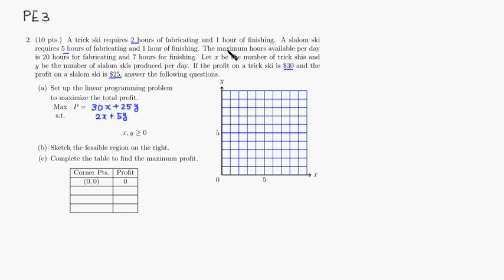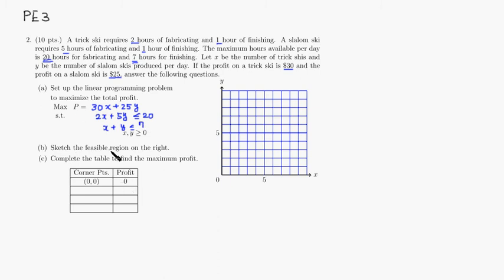This has to be less than or equal to the maximum of 20 hours for fabricating. For finishing, it's 1 hour for both of them, so x plus y has to be less than or equal to the maximum of 7 hours.